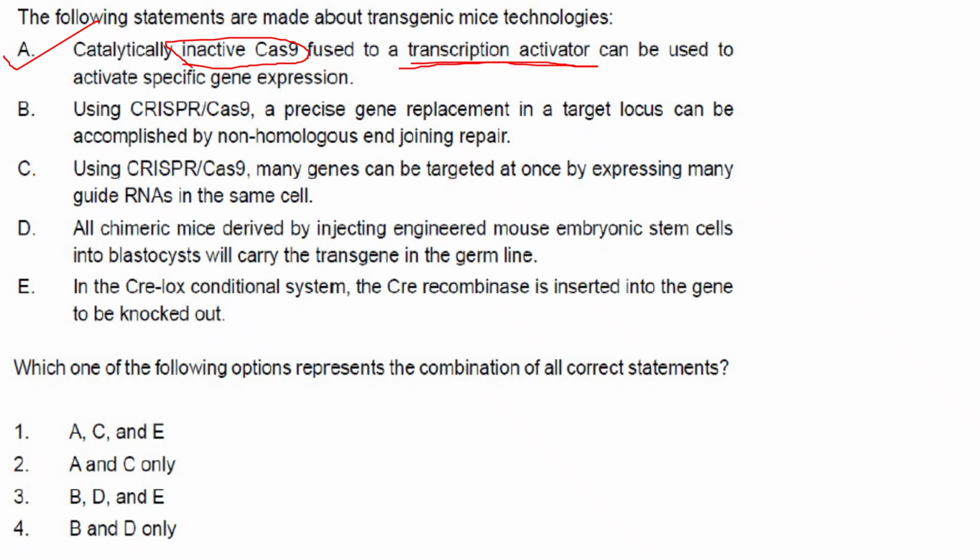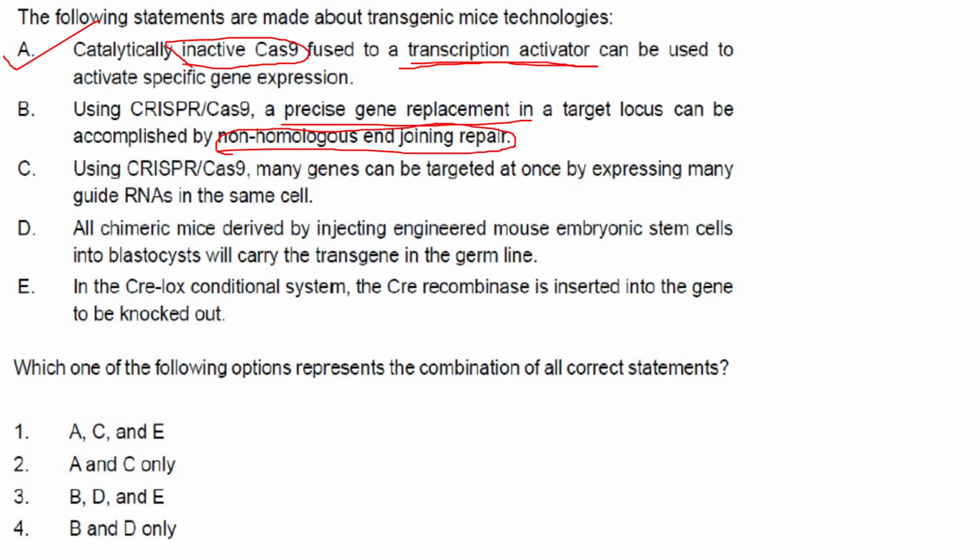I told you, after the Cas9 has cleaved the DNA, it can undergo either homology directed repair or non-homologous end joining repair, using the enzymes produced by the cell for these two repair pathways. So if you want precise, perfect gene replacement, will non-homologous end joining repair work?